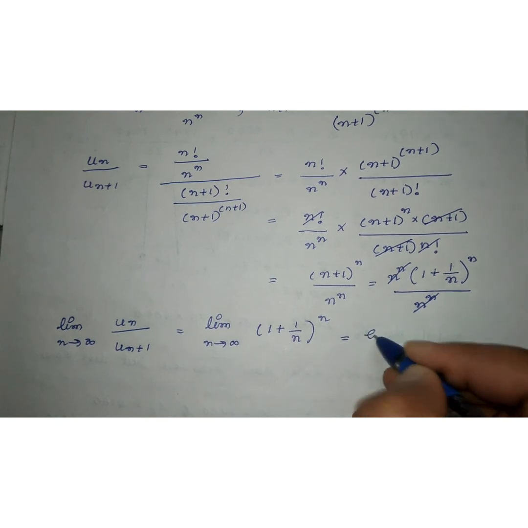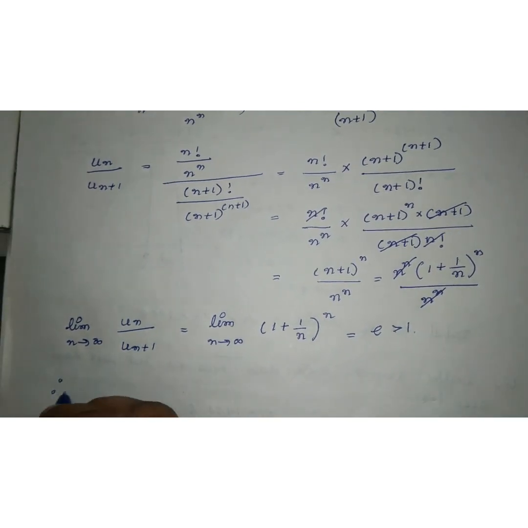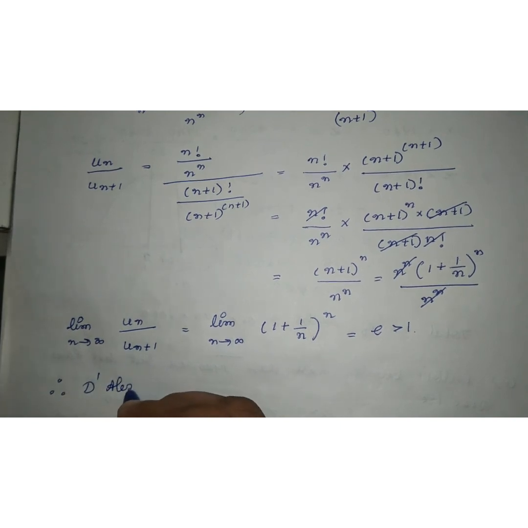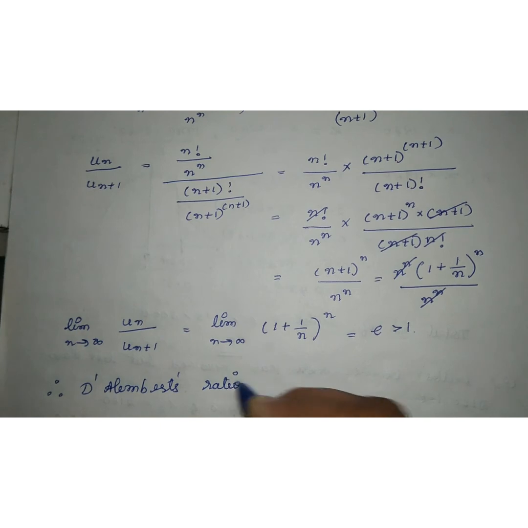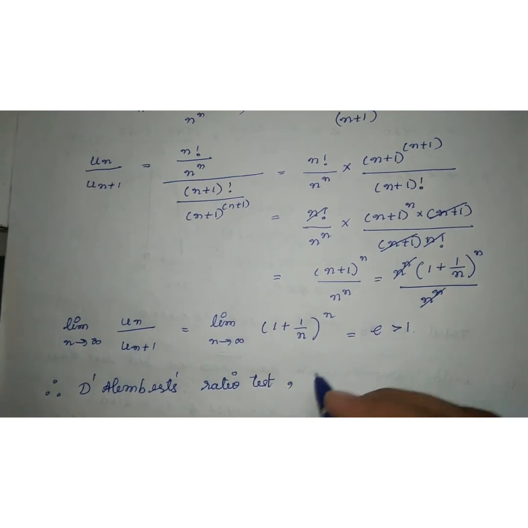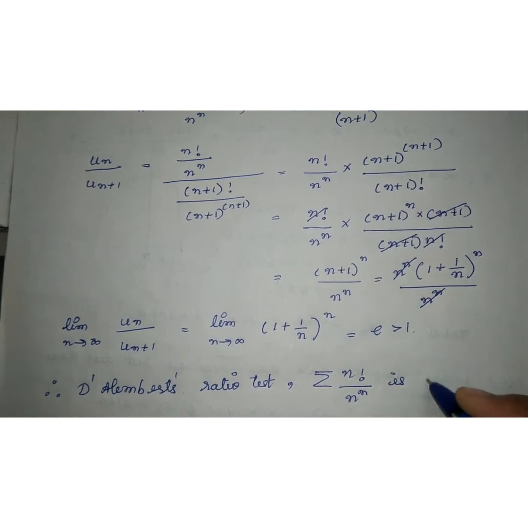By the formula it is nothing but e, and e value is always greater than 1. Therefore by D'Alembert's ratio test, we can say series n factorial by n^n is convergent.